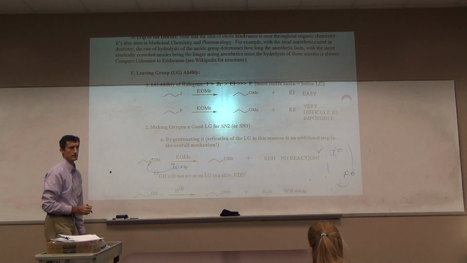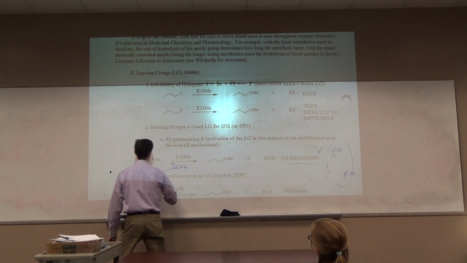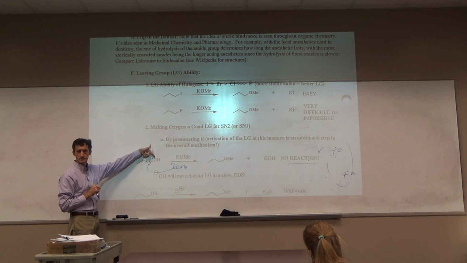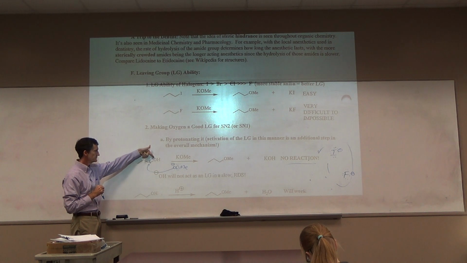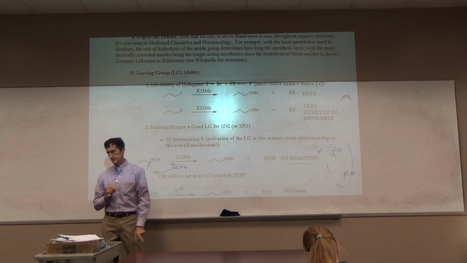Well, that would not work. No. No reaction. So what does that tell you about the ability of OH to be a leaving group? No good. Bad leaving group. OH is not a leaving group. OH will not act as a leaving group in a slow rate determining step.